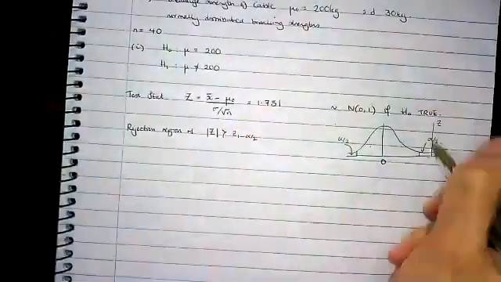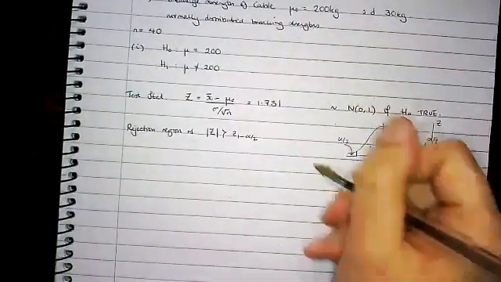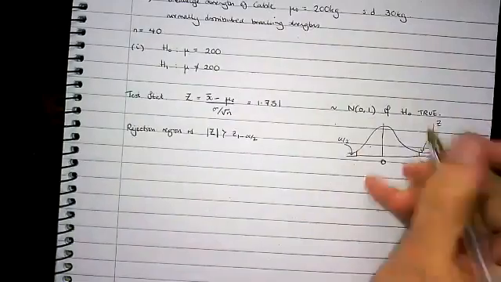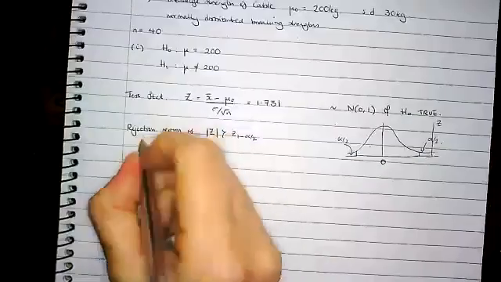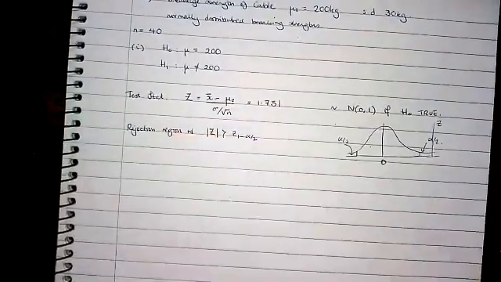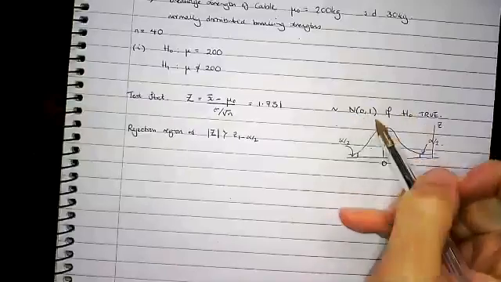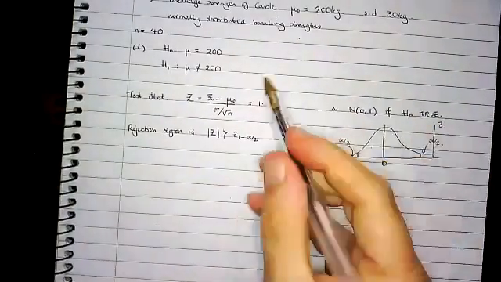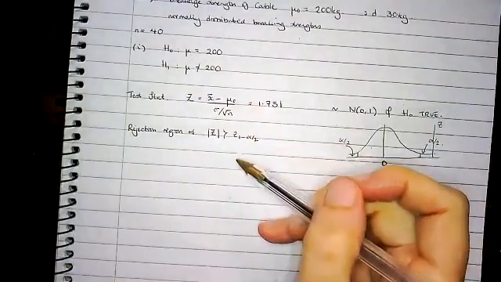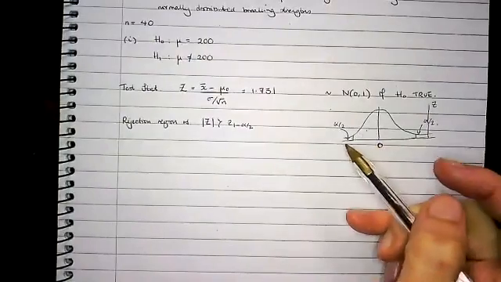So it's in the tail such that the two tails added together have a probability of alpha. So what this causes is, if H0 is actually true, so if that normal distribution is actually true, we will reject alpha % of the time.